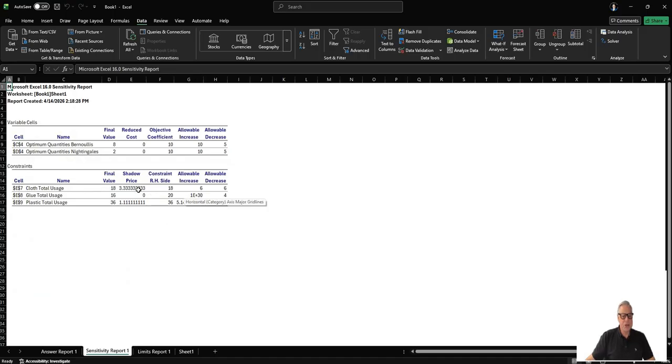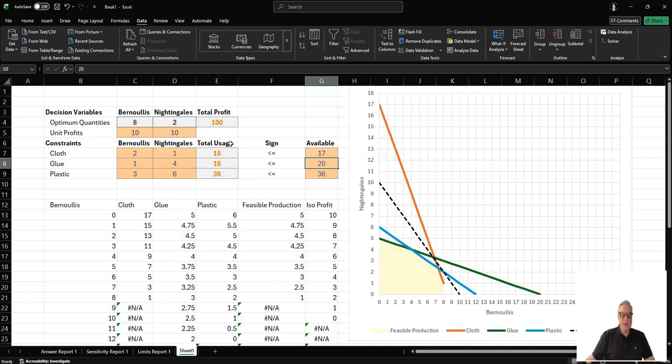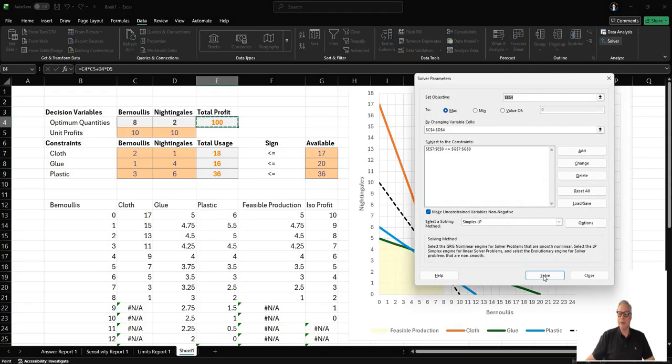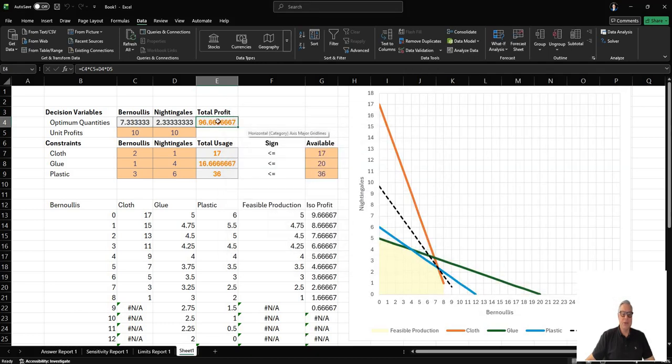So the question now is, what if we had 1 unit less? If instead of 18 we had 17, please look at the total profit. So now let's solve it, and you see that the total profit goes down by 3.3333.